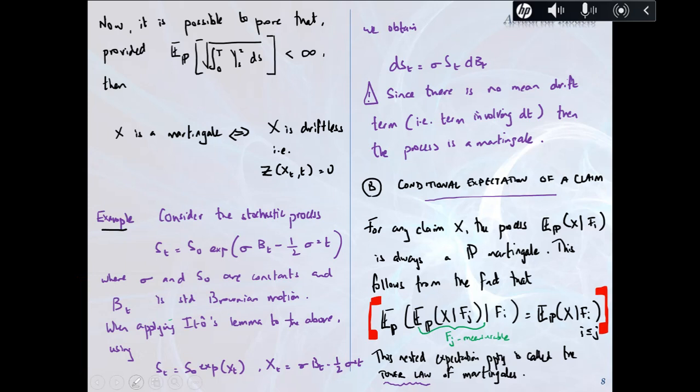You will recall that we have an important property of conditional expectation.